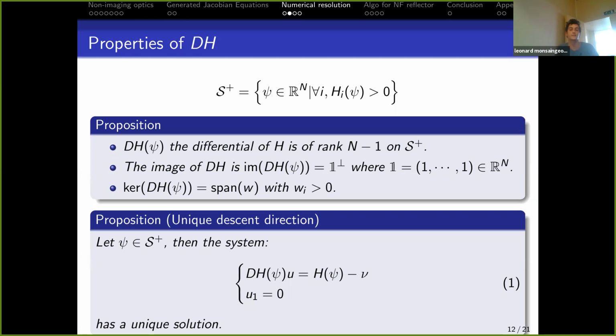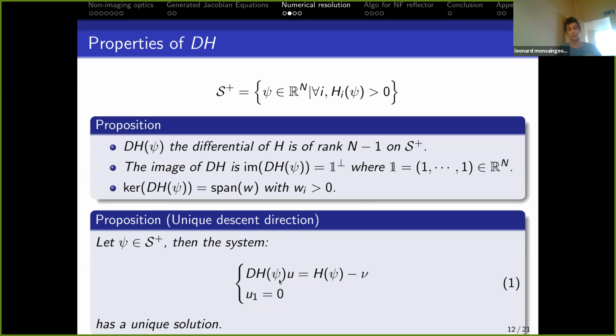But there exists a vector W in the kernel of my matrix. If I displace all the paraboloids with the right values, then I will have the exact same reflection. So I will never have an invertible matrix, but we can show that it's of rank n-1.